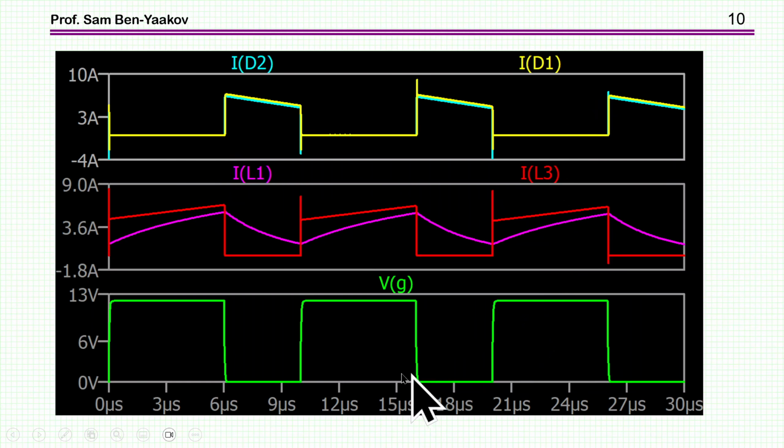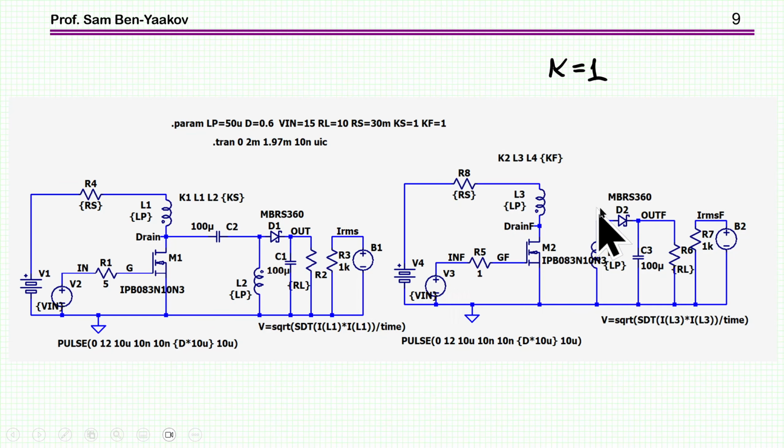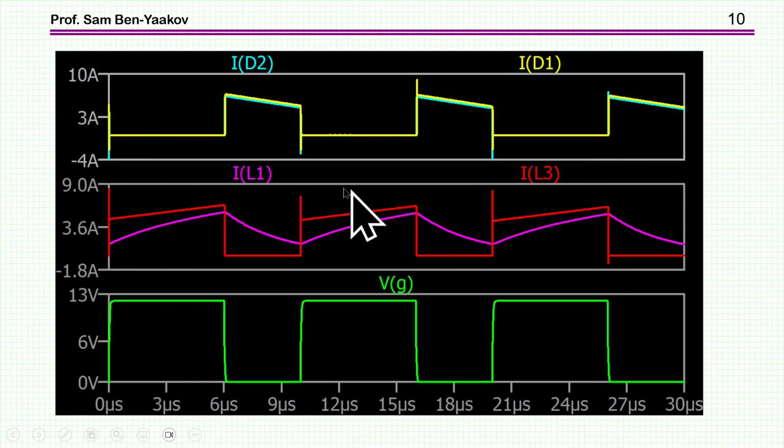And lo and behold, here we have this gate, which is the same for the two. And you see here, this is the diode current, the output diode current, this diode and this diode, and they are exactly the same. Okay, no matter this capacitor which we have in this Sepic. Now, the current of the primary inductor in the Flyback is this square waveform, which is the typical one.